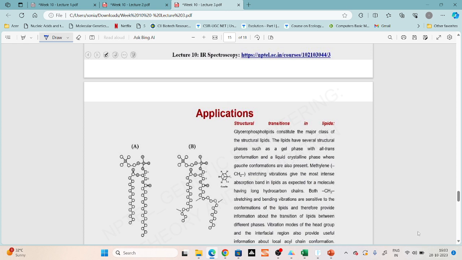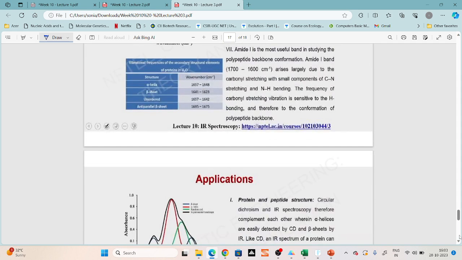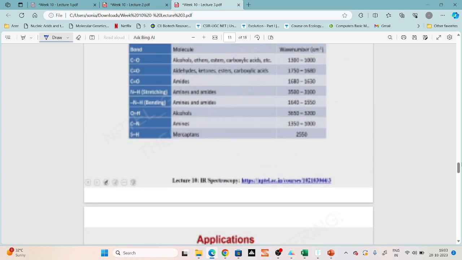Structural transitions, like structural transitions in lipids, then protein and peptide structure. So you can determine the protein and peptide structure also with the help of infrared spectroscopy. You can determine the functional groups which are present. So basically, these are all the applications.